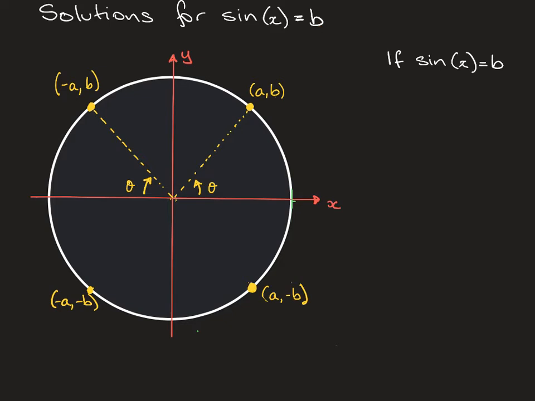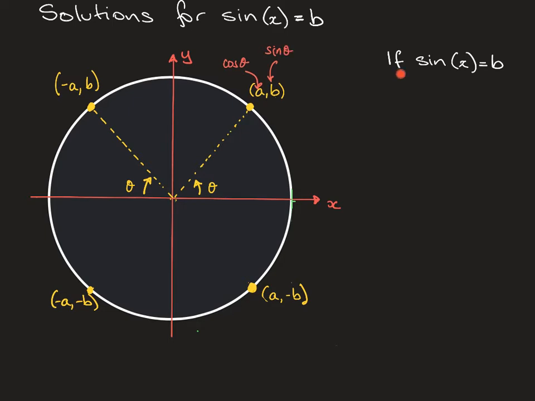From our work with finding values of sine and cos for angles in the unit circle, we know that for a particular point on the unit circle, from previous videos, if you haven't watched it, the value of the x coordinate is our cos value for that angle, and the value of the y coordinate is our sine value for that angle.